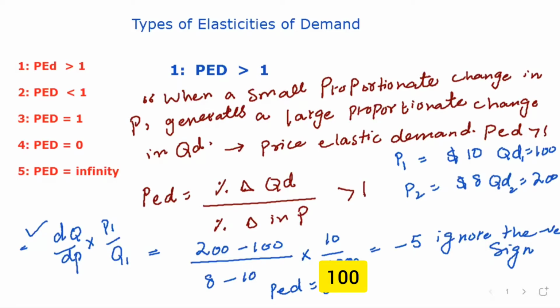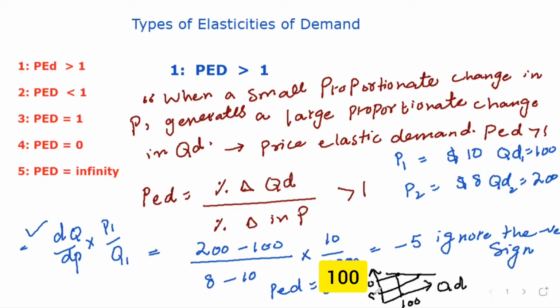All right, if you want to see the same thing on the graph, how we show price elasticity of demand on the graph, elastic demand. So the graph will be like this. It should be flatter. You can take 2 points on it. On the y-axis, we take price. On the x-axis, we take quantity demand. And here, if price is 10, then quantity demand is 100.